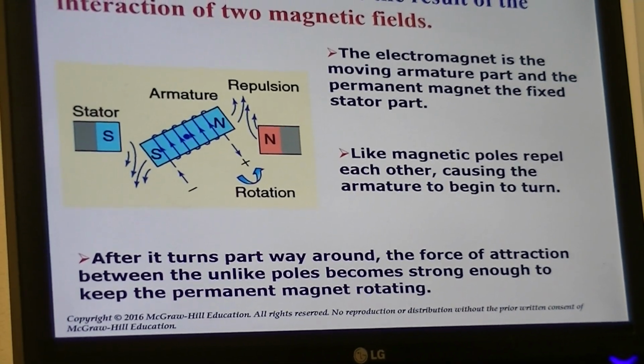All right, the electromagnet is the moving armature part, and the permanent magnet is the fixed stator part. Again, they can interchange as far as which is the rotating part. It depends upon where the bulk of the current is, because the bulk of the current is going to be large conductors, and if all I'm doing is feeding excitation current in, I have to feed it to the rotor via slip rings or commutators or whatever.